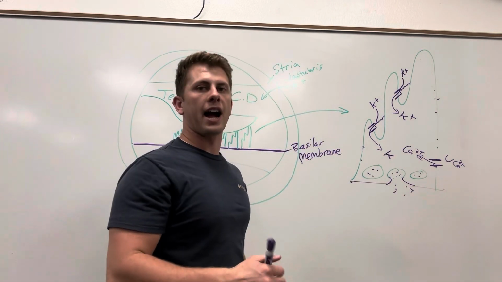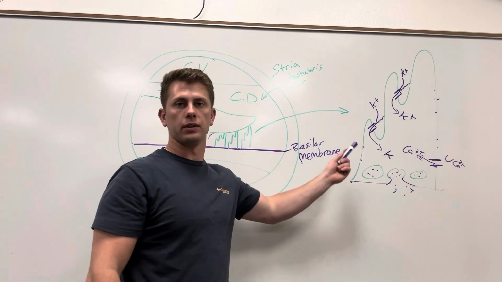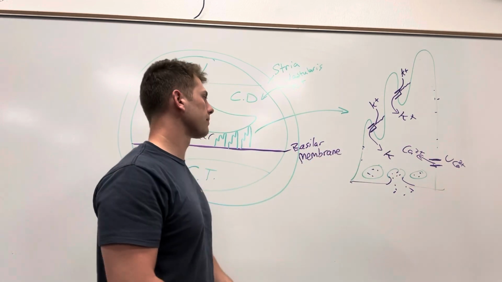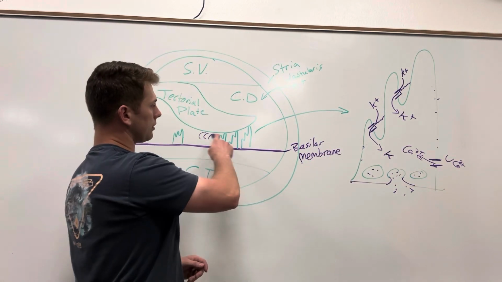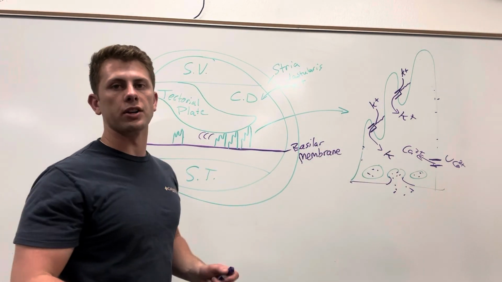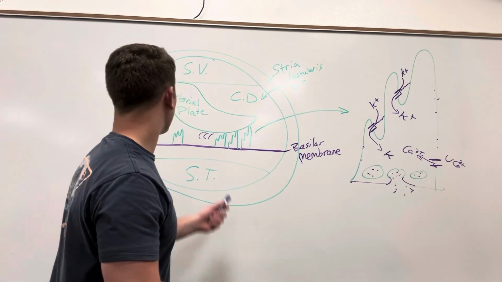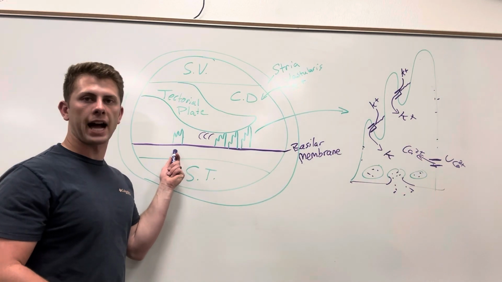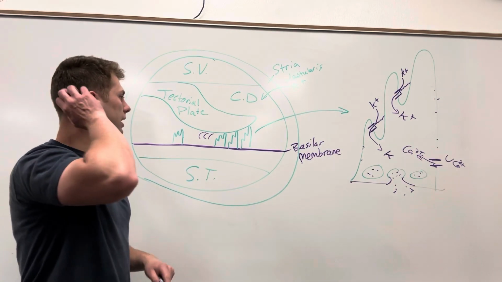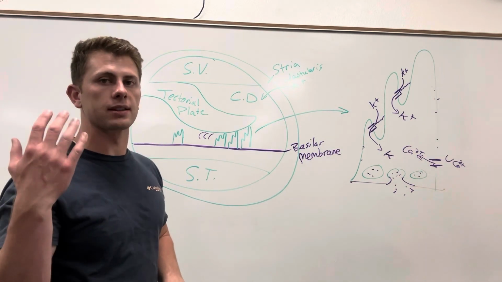And that's how an actual action potential and signal gets sent to the brain. These outer rows are more regulatory, whereas this is the one sending the signal to the brain so we can actually hear the sound that's coming in.